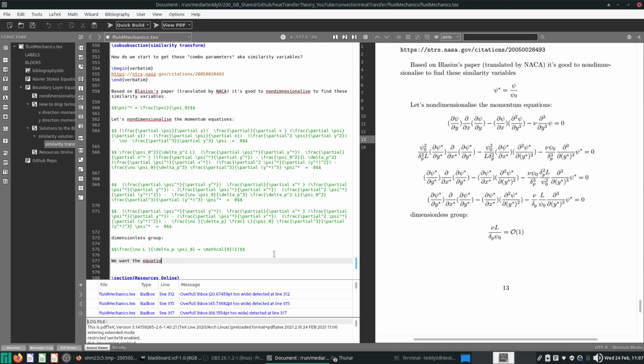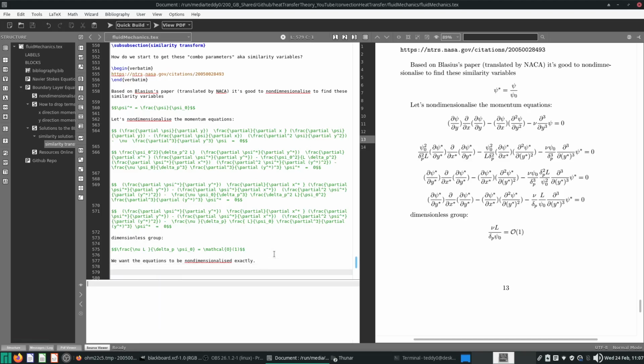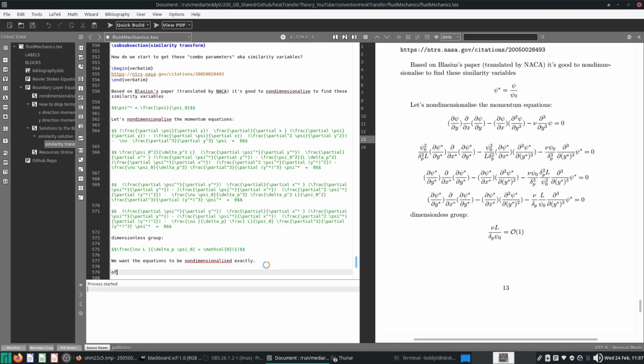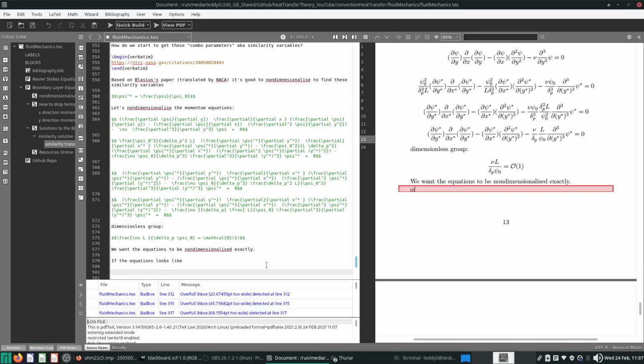We want the terms to be non-dimensionalized exactly, so we want this whole thing over here to disappear.